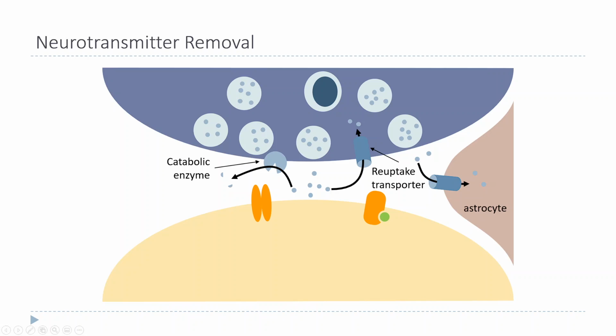Now, we're not quite done with the transmission process, because the neurotransmitter was released from the presynaptic cell and diffused across the synaptic cleft to the receptors on the postsynaptic side. But now the neurotransmitters need to leave, because as long as they're there, they will keep activating those receptors.